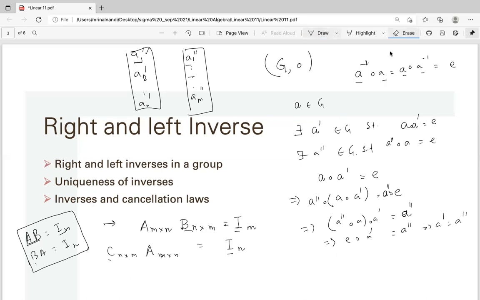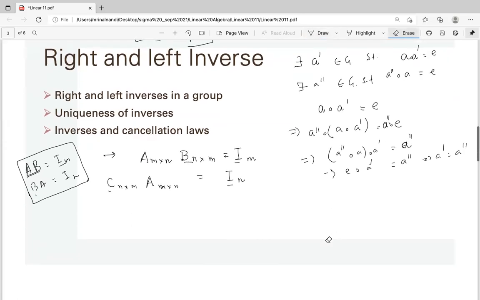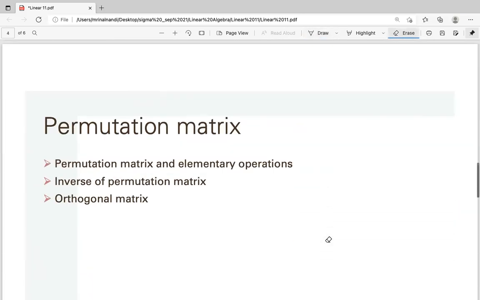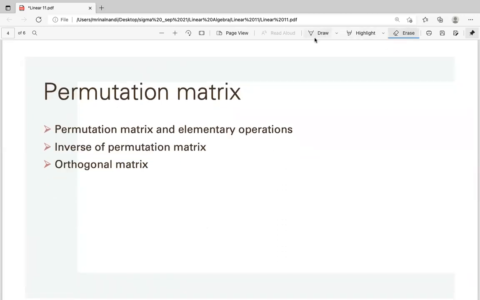The next thing is the permutation matrix. This is very important. What is a permutation matrix? If there is an identity matrix, and you permute all its rows or columns, same thing.